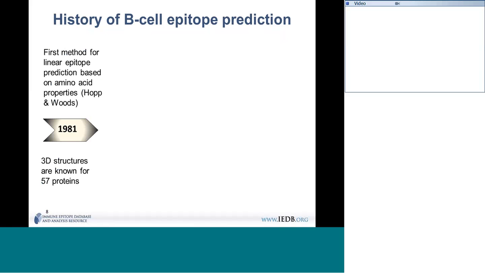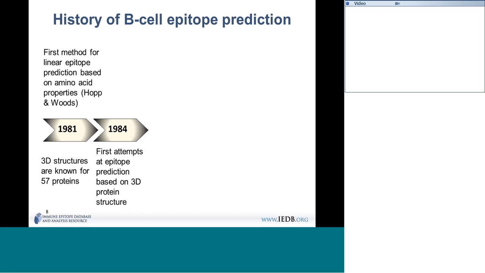If you look at the history of B-cell epitope prediction, the first method appeared in 1981, and it was based on amino acid scales. Later on, when more structures in PDB became available, the first methods based on 3D protein structure appeared, about 20 years ago.